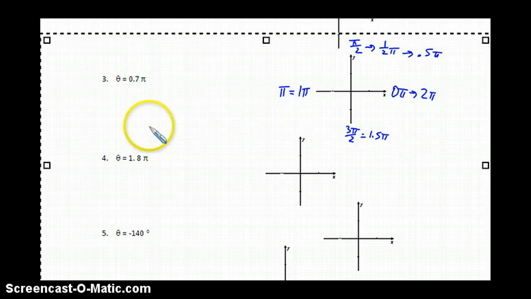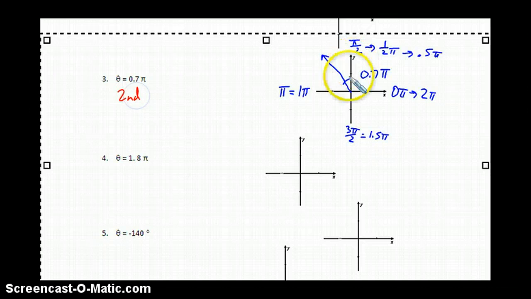So if I'm going to put 0.7 pi on here, I'm going to start off here. I'm going to go up to 0.5, but I don't want to go all the way to 1. I want to go to 0.7, so this would be that angle. This would be 0.7 pi. So now I'm in the second quadrant. To draw that reference angle, go from the x-axis in the second quadrant over to my angle.